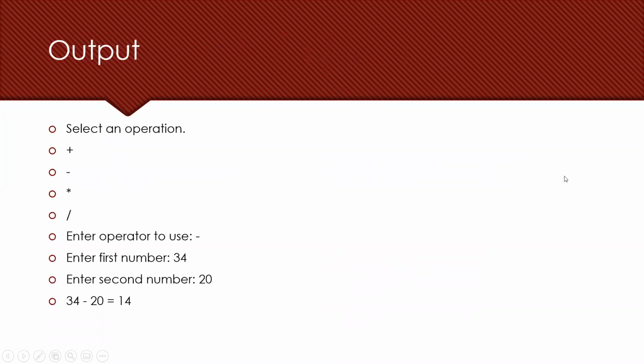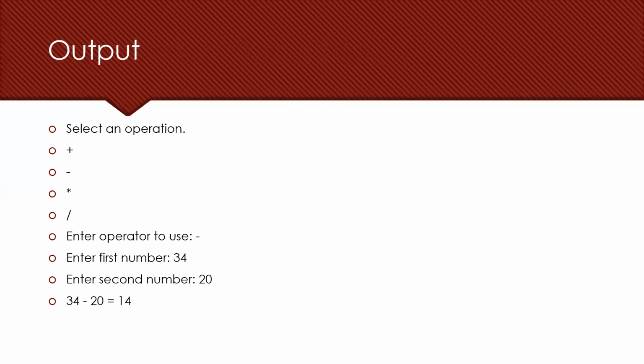Then once it is run in the Python compiler, you can see the output: select an operation. It will give the four options, plus, minus, multiplication and division. If you click any one, it will ask to enter the operator to use.